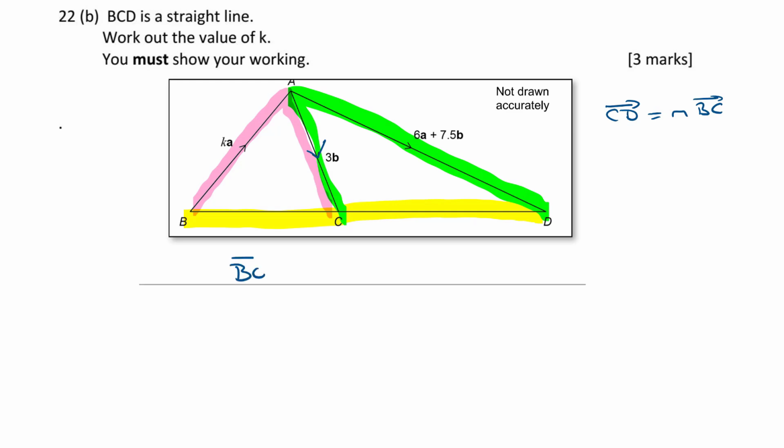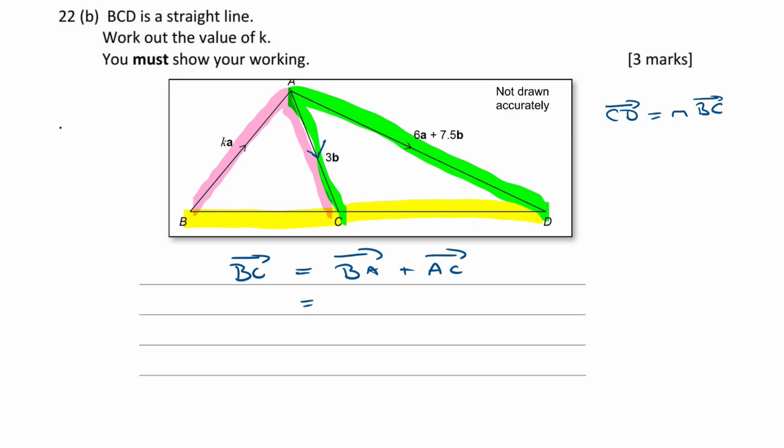So BC we can find by going via A like we did last time. So BA plus AC. So BA is that vector ka, and AC is that vector 3b. So we're going with the arrows in both directions. So it's just simply ka plus 3b. Okay?